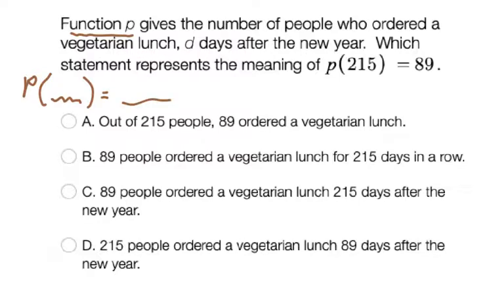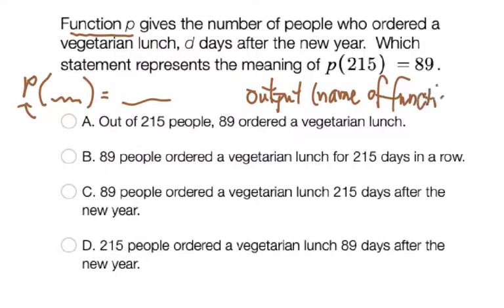All right, so P gives the number of people. So P is the output. It's the name of the function. All right, remember, inside the parentheses right here, this piece is the input.